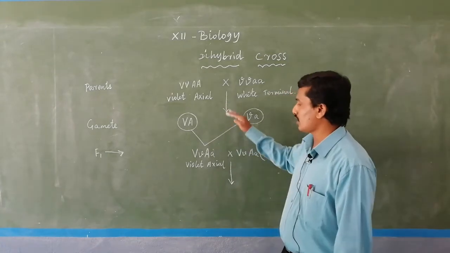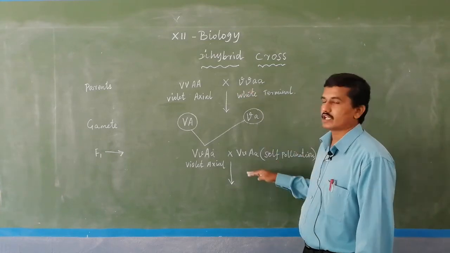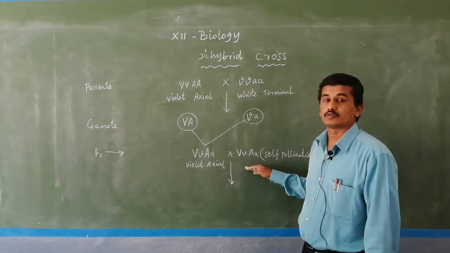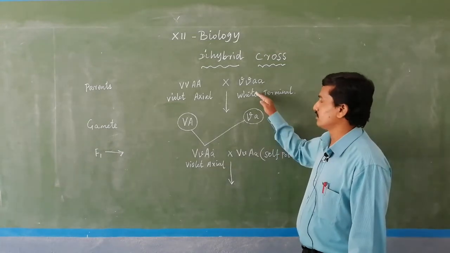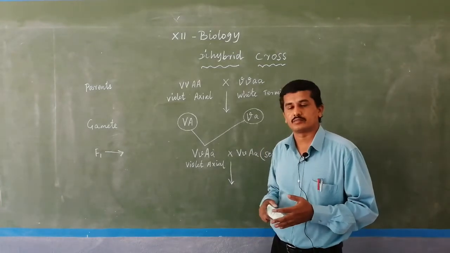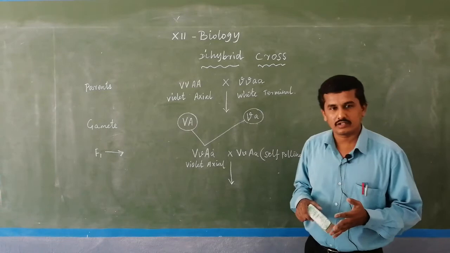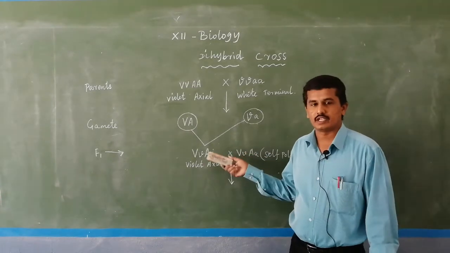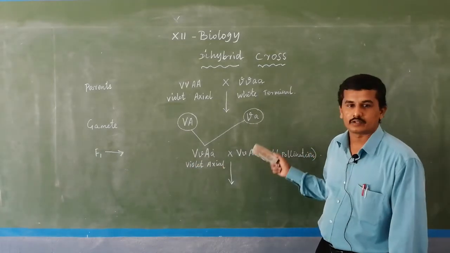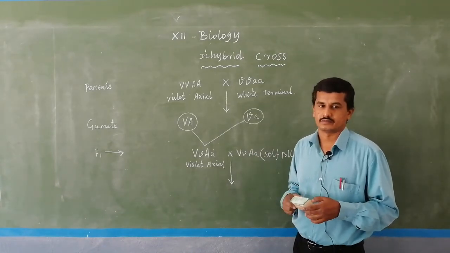The character which is not expressed in F1 generation, here white and terminal, may be expressed in F2 but not in F1, is said to be a recessive character. So, two characters are present, one is dominant trait, another is recessive trait.